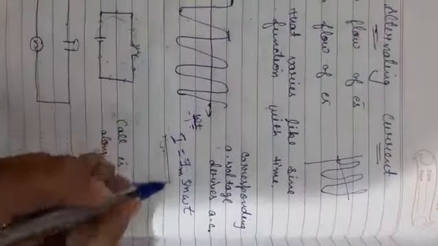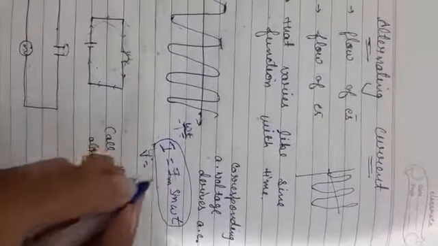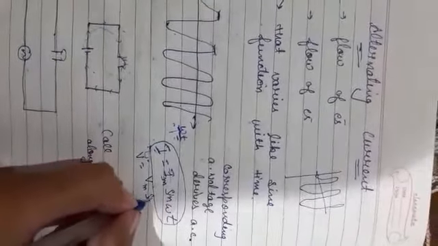This is our particular equation for the alternating current. The same we can write for voltage, changing the current parameters to voltage: V equal to Vm sin omega t, because this voltage will drive the current. So this is all about the concept of alternating current.